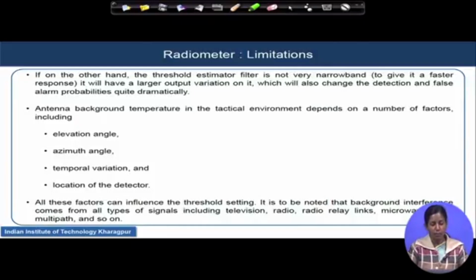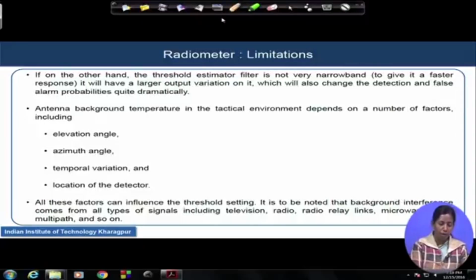The other problem is coming from the antenna background. Antenna background temperature, in the tactical environment, depends upon so many factors. Number one is the elevation angle, second is the azimuth angle of the antenna, temporal variation, and location of the detector.